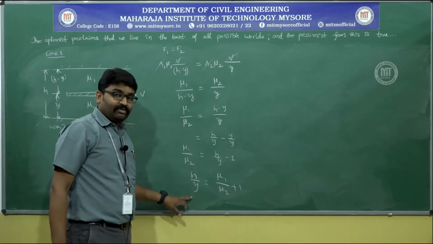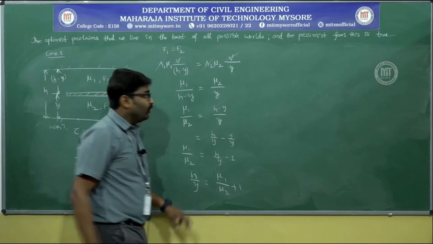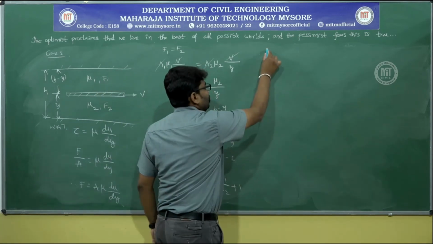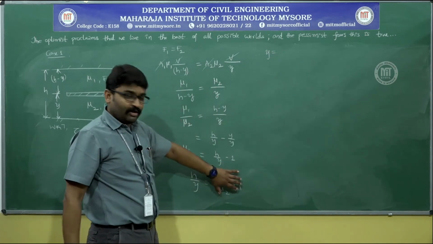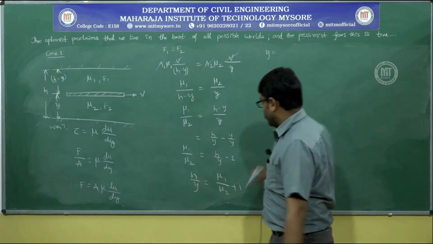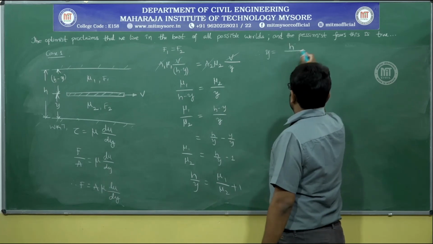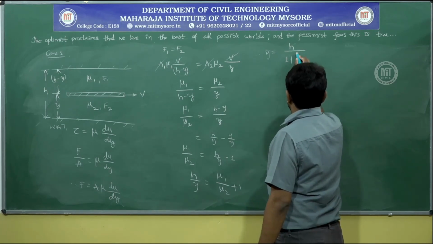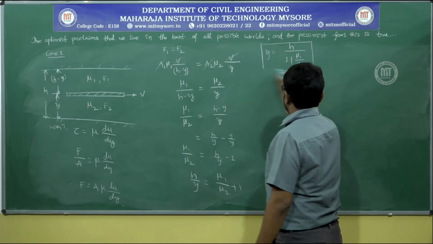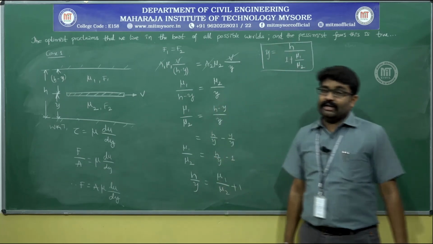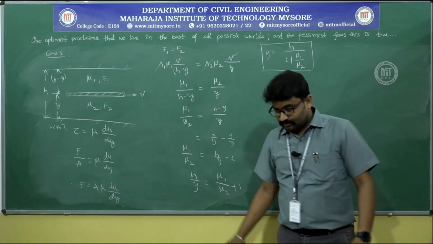Therefore, the position of the plate y is equal to, if I send this y to here, you are left with y is equal to h divided by 1 plus mu1 by mu2. This is the position of the plate in case 1.